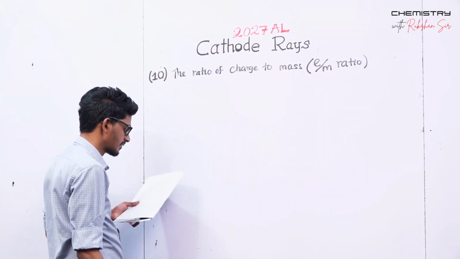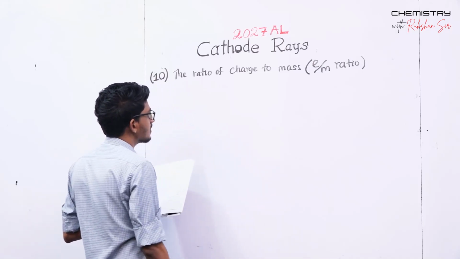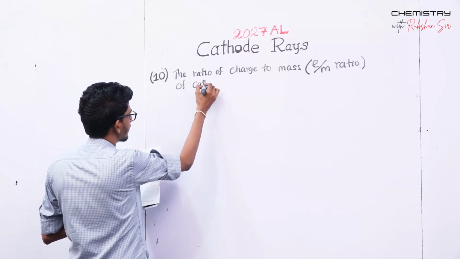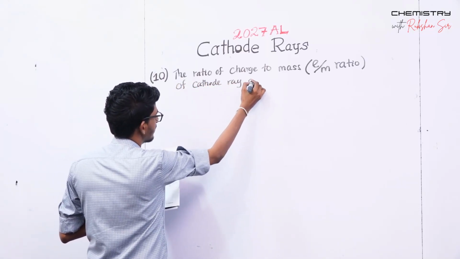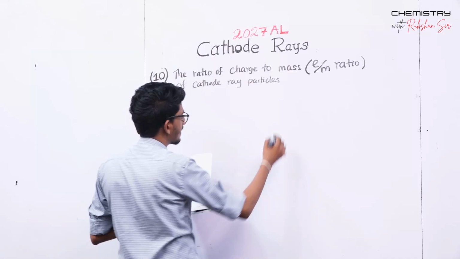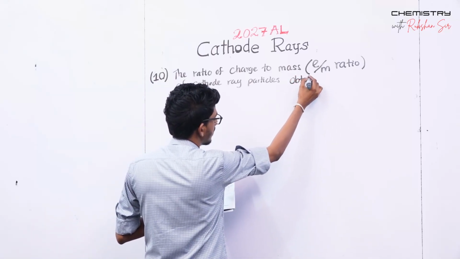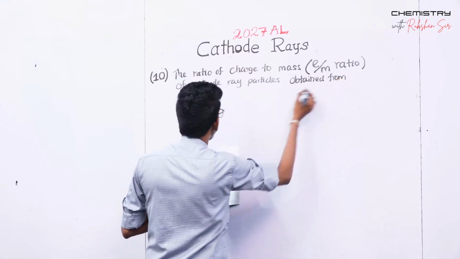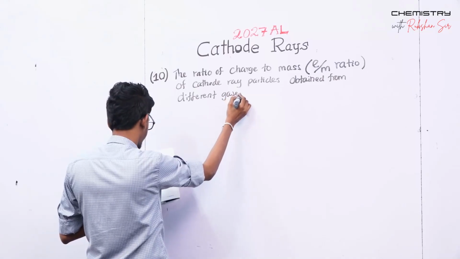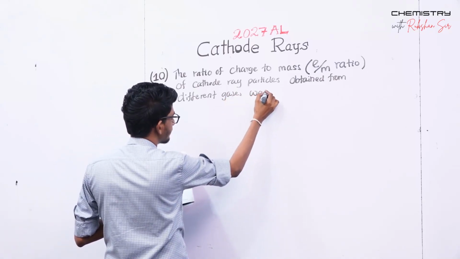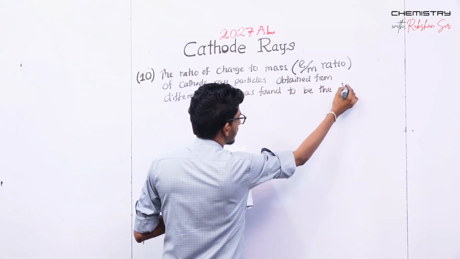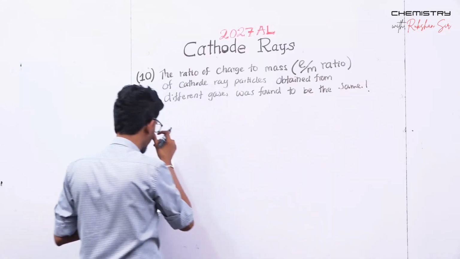The ratio of charge to mass of cathode ray particles observed from different gases or obtained from different gases was found to be the same. This is property number 10. That is a very important property of the cathode rays.